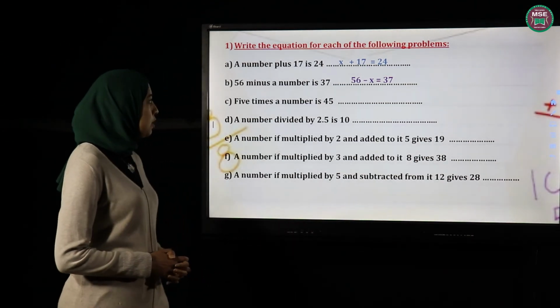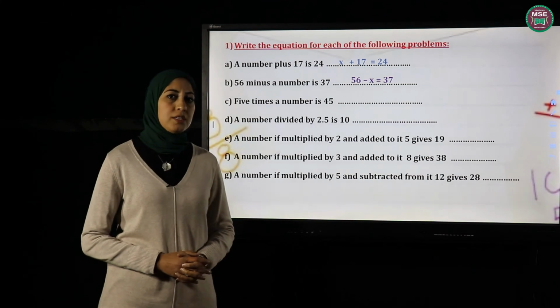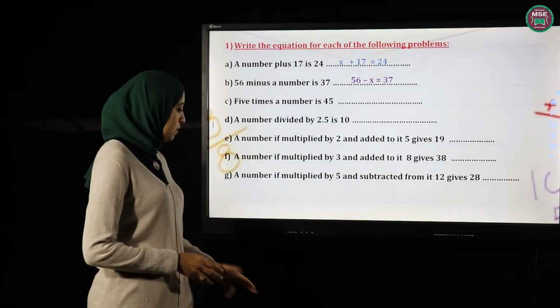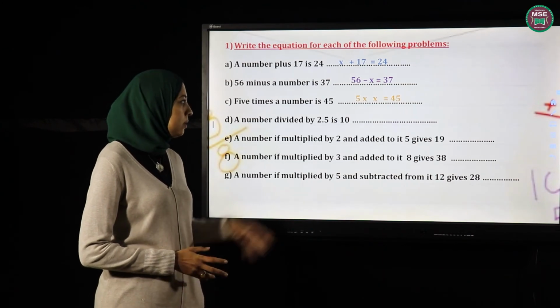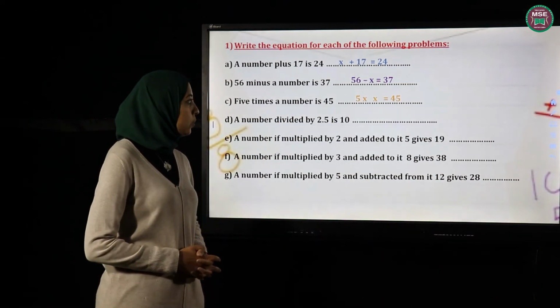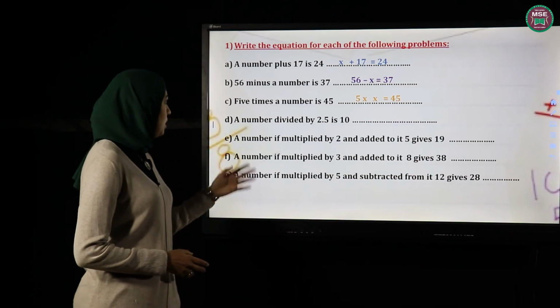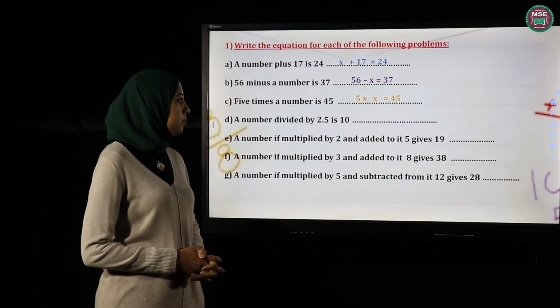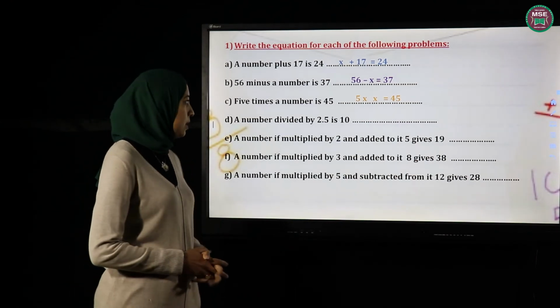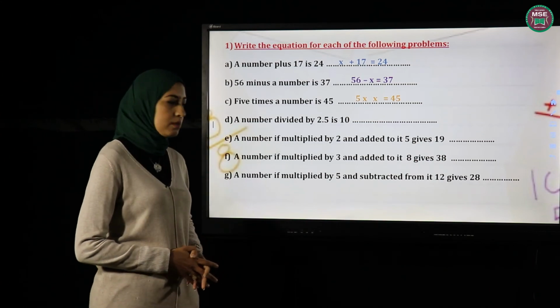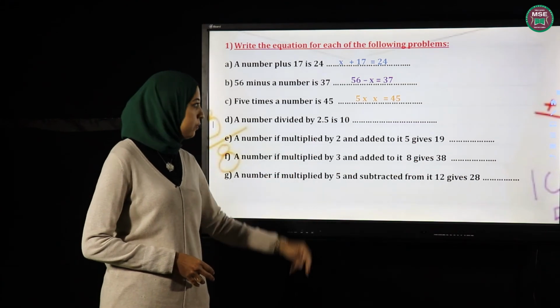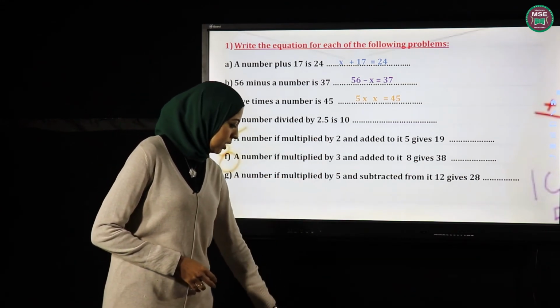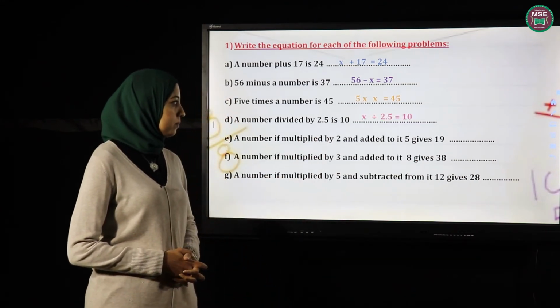Okay, number C, 5 times a number is 45. 5 times x equals 45. Number D, a number divided by 2.5 is 10. A number means x. I will make x divided by 2.5, is means equal 10.